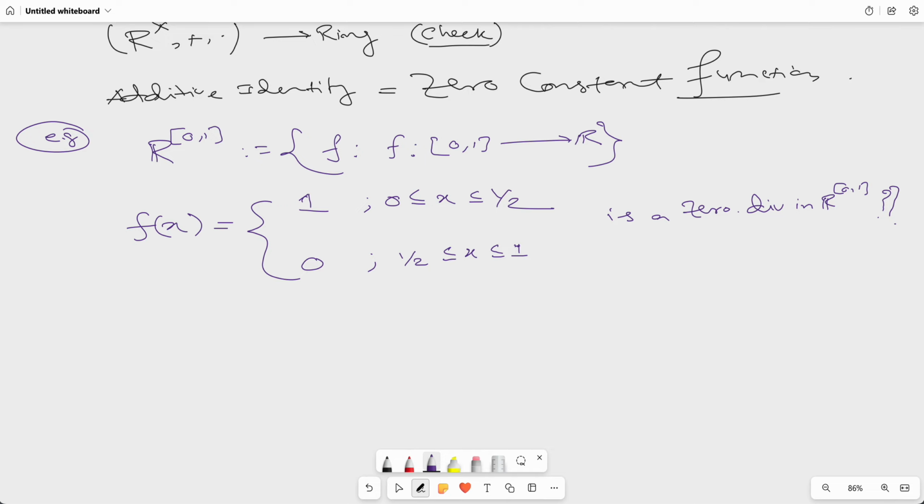If it is a zero divisor, there exists a g which is non-zero inside R^[0,1] such that (f · g)(x) is 0 for all x inside [0,1].